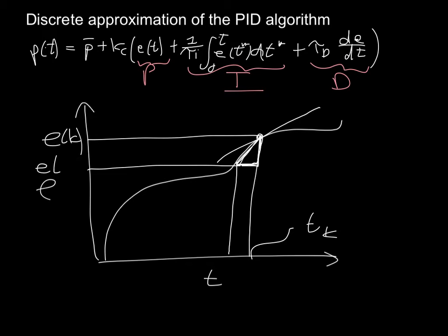And here we have k minus 1, e k minus 1, and so this slope is now e k minus e k minus 1 over delta t.